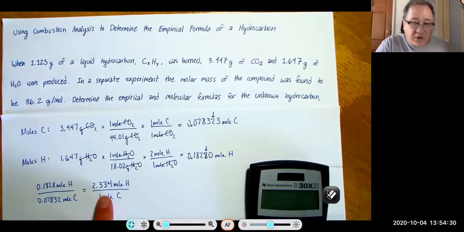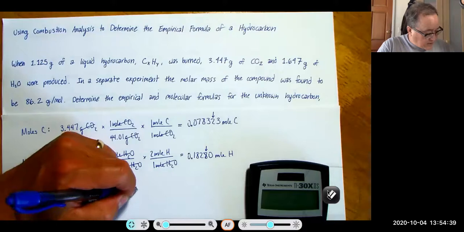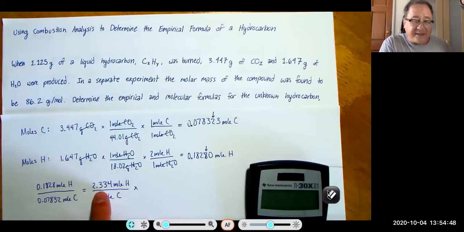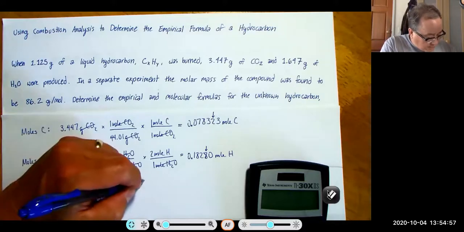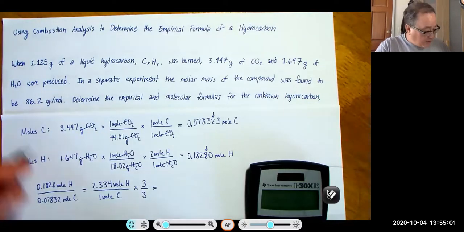Now, I was hoping that would be a whole number, but it wasn't. So I need to make some sort of adjustment to make this a whole number. And that means I'm going to multiply the top and the bottom by the same amount. Now, if I double the top and double the bottom, the top becomes 4.66 something, right? And 4.66 is not a whole number. And the bottom becomes 2. But I'm thinking if I multiply by 3 over 3, so I'm multiplying by 1, I should get a whole number out of this.